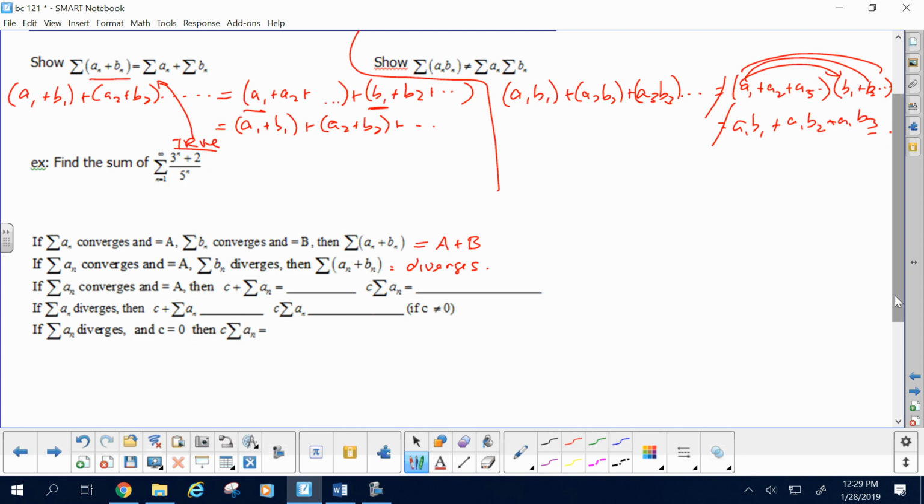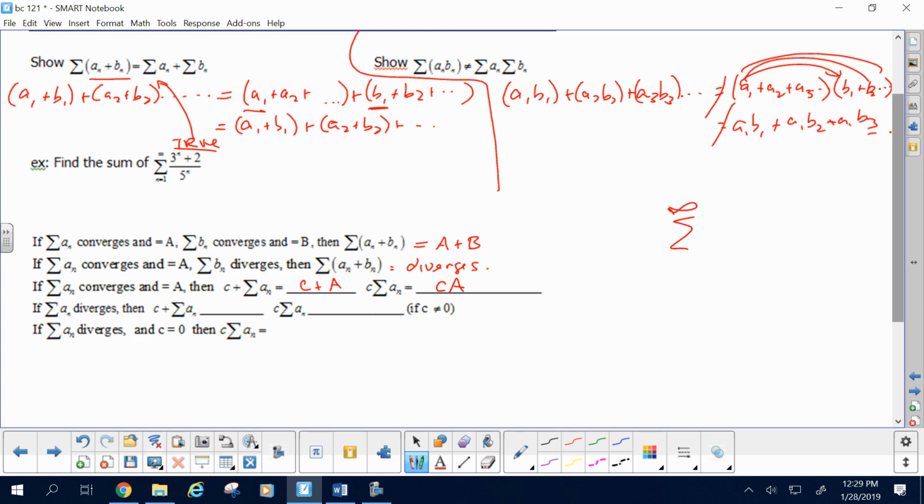If you said one converged, and then you added a constant or multiplied by a constant, then it is nothing but C, that constant plus the sum, or that constant times the sum. You can factor constants out front of a series. That is fine.